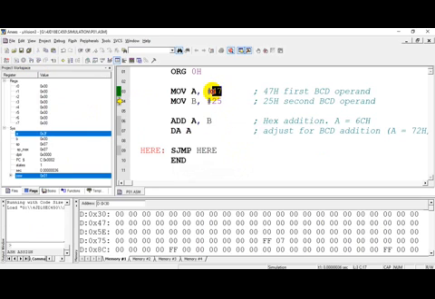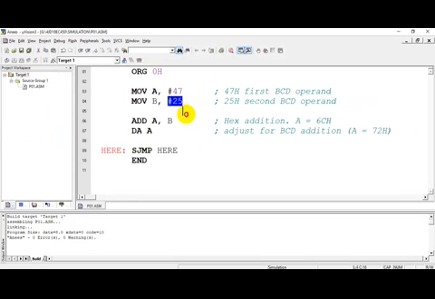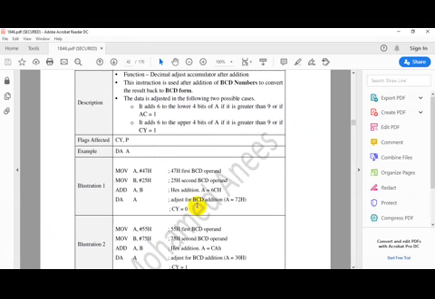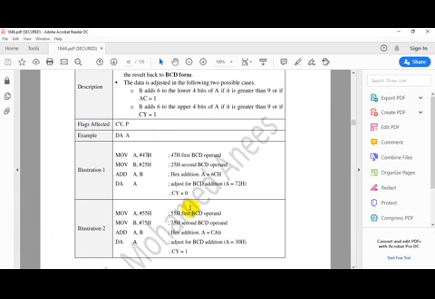The hexadecimal equivalent of 47 is 2F, which is an invalid BCD number. The next is 25. We gave 25, but it is stored in hexadecimal. That's why whenever you give BCD input, it should be a valid BCD number, and it should always be in hexadecimal form. Only then can you analyze the working of decimal adjust accumulator properly. So this is one of the most important instructions which is always asked in the examination.